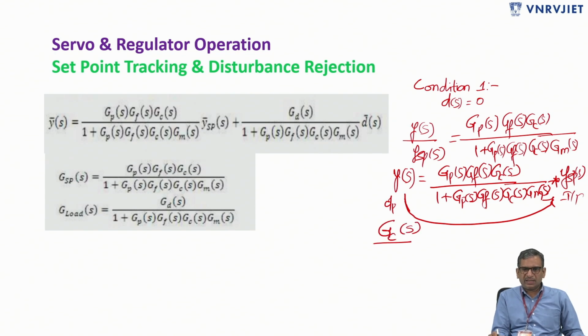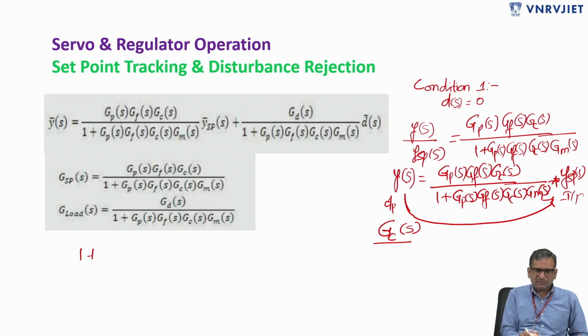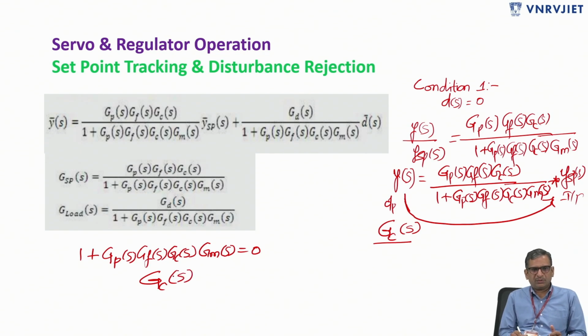And if you see the characteristic equation, if I write the characteristic equation, 1 plus Gp(s) into Gf(s), Gc(s) and Gm(s), this is equal to 0. This is the characteristic equation. So in this characteristic equation, we can see the parameter which can be varied by the control engineer or the operator is Gc(s).